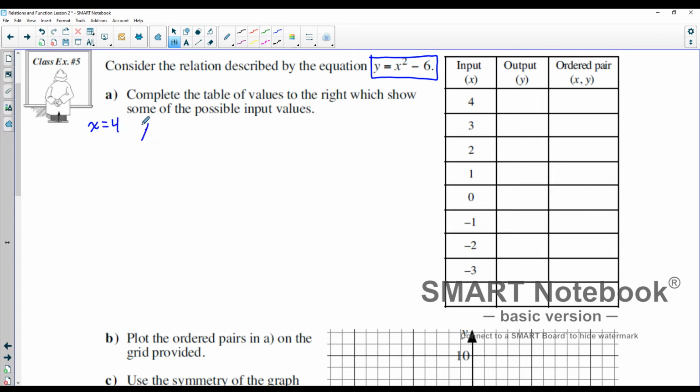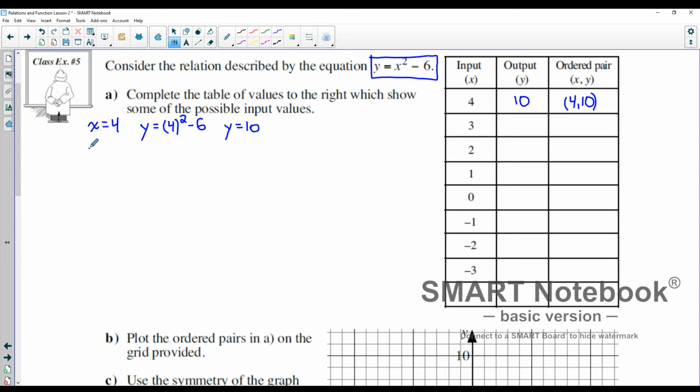Okay, when x is 4, y is equal to, plug these numbers in brackets. So you'd have 4 squared minus 6. 4 squared is 4 times 4. Minus 6 would be 10. So when x is 4, y is 10. 4, 10.